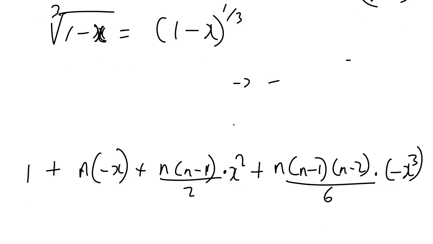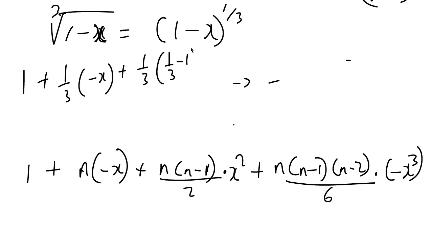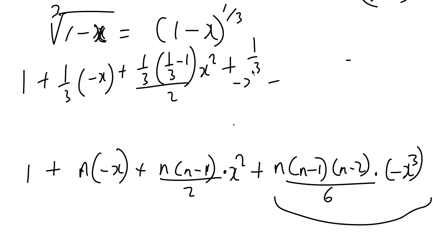Right? So with that, we're going to have 1 plus 1 over 3 into negative x plus 1 over 3 into 1 over 3 minus 1 all over 2 x squared plus 1 over 3. I'm substituting here right now for this part. I'm going to have 1 over 3 into 1 over 3 minus 1 into 1 over 3 minus 2 all over 6.